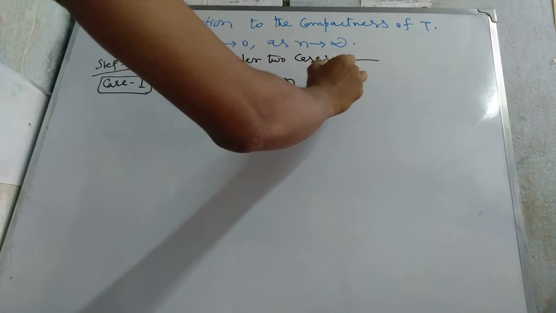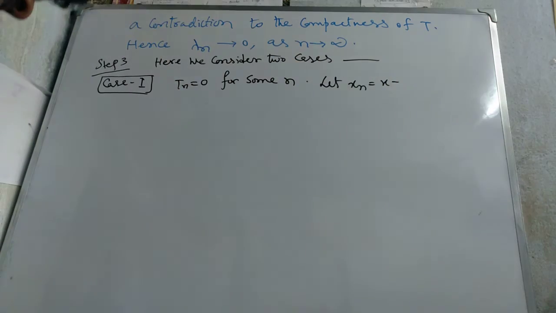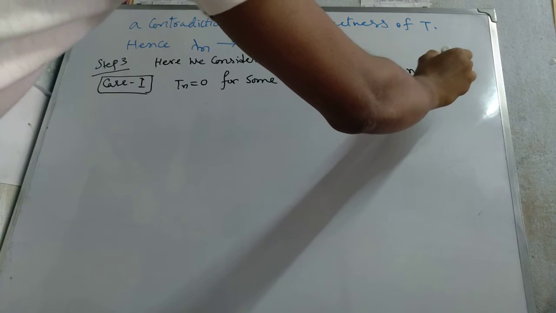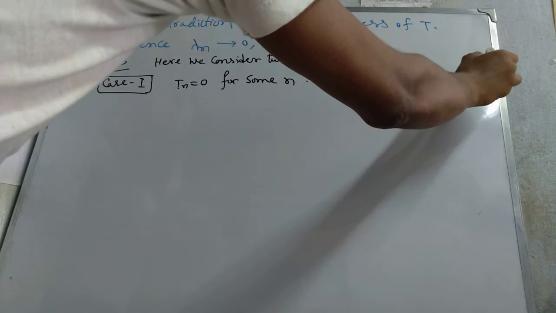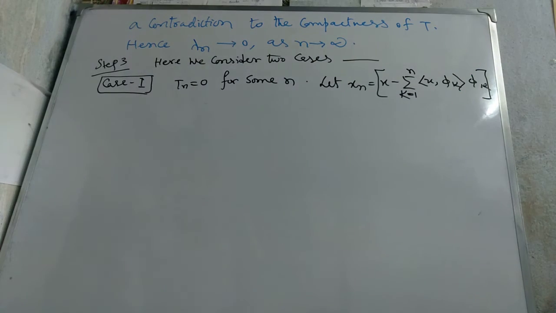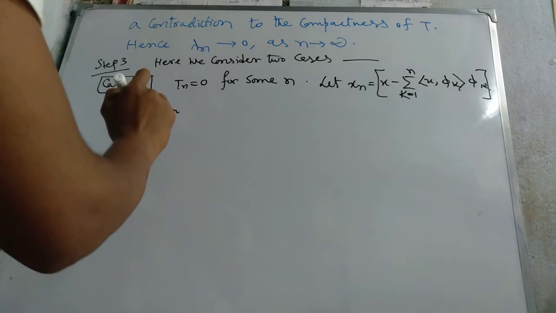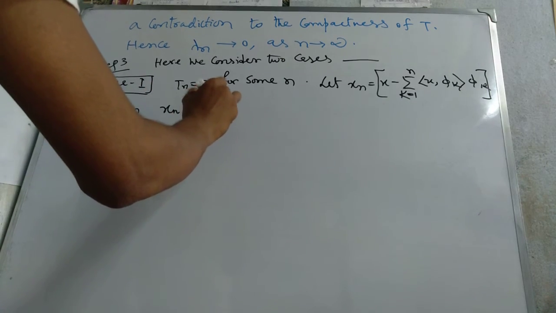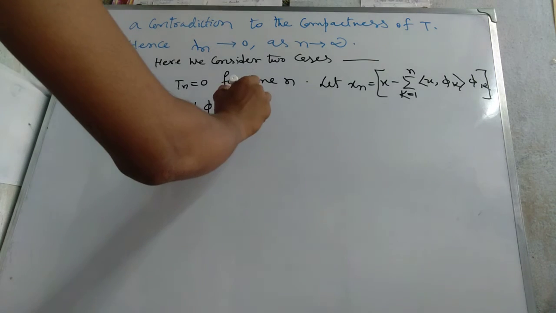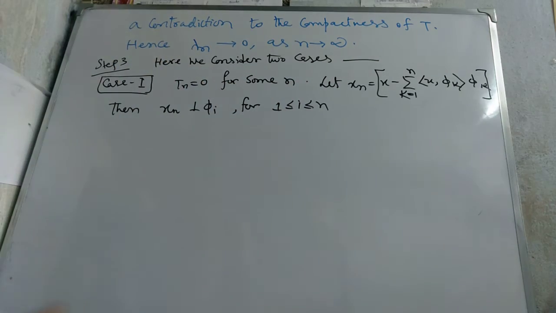Then let xn equal to x minus the sum over k equal to 1 to n of the inner product of x with phi k times phi k. Then xn is perpendicular to phi i for 1 less than or equal to i less than or equal to n.